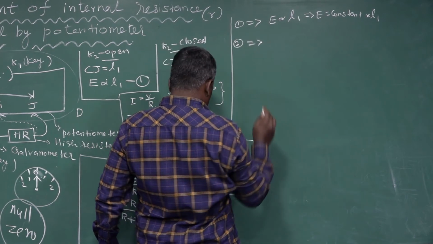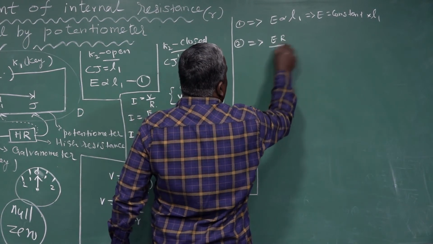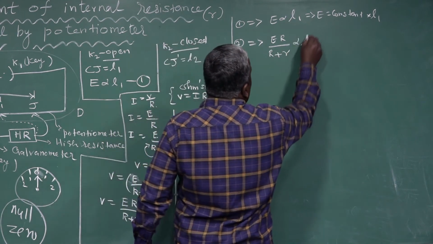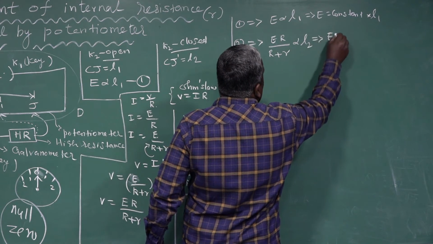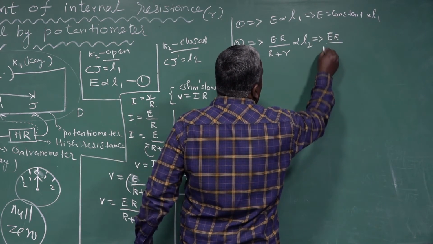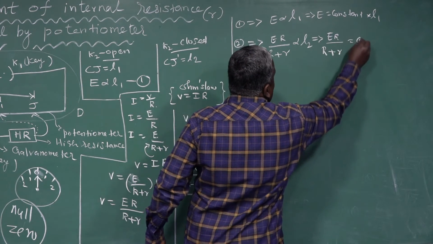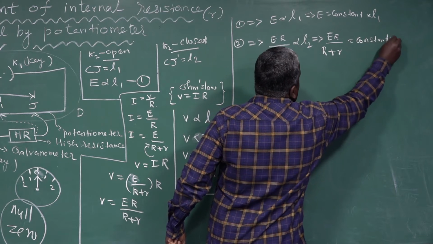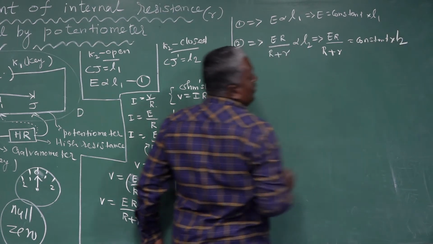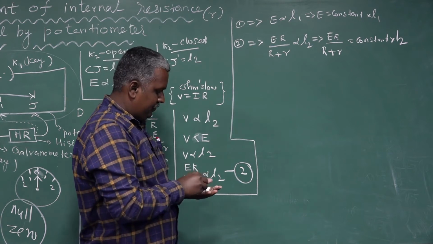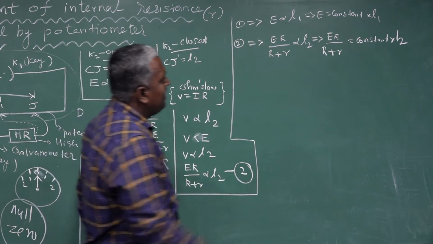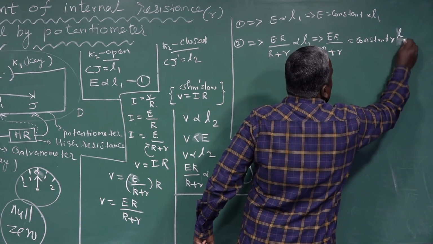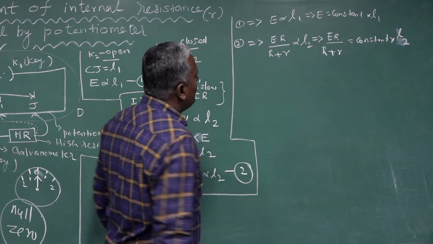Equation number 2: ER by R plus r is proportional to L2, so ER by R plus r is equal to, again, one constant into L2. Clear? What should we do here?